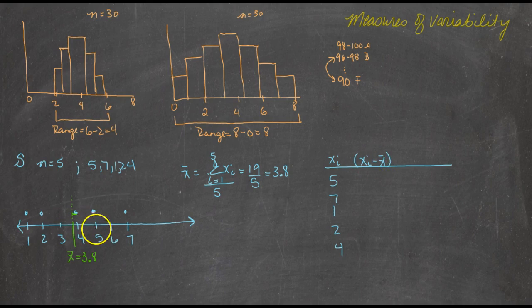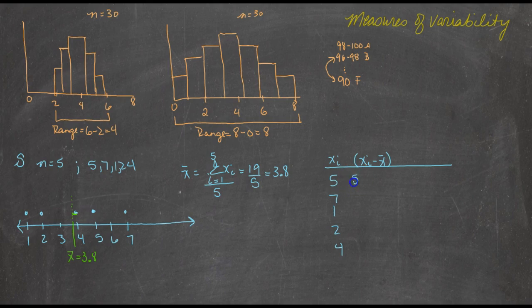So if I want to know the distance from the mean to 5, I can take 5 minus 3.8, and that'll tell me exactly how far away from the mean the number 5 is. So this is 1.2. Let me put my arithmetic in so you have it in your future notes.